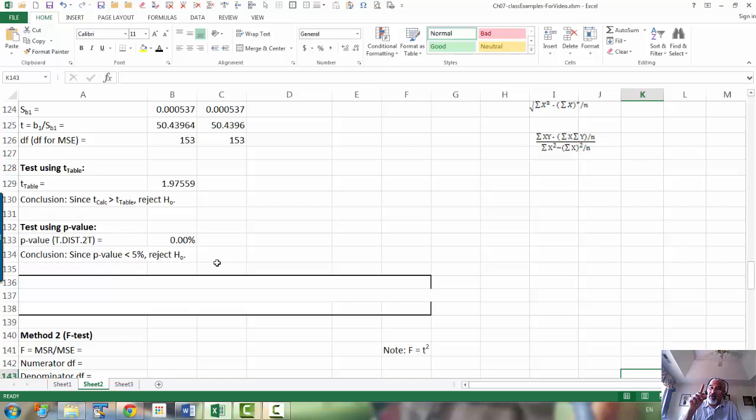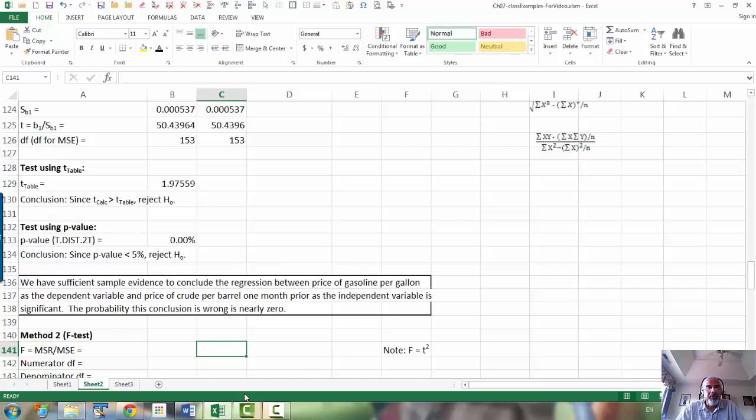And the probability that this conclusion is wrong is nearly 0. So we are almost certain that there is a slope that is different from 0. So here is the interpretation for us.